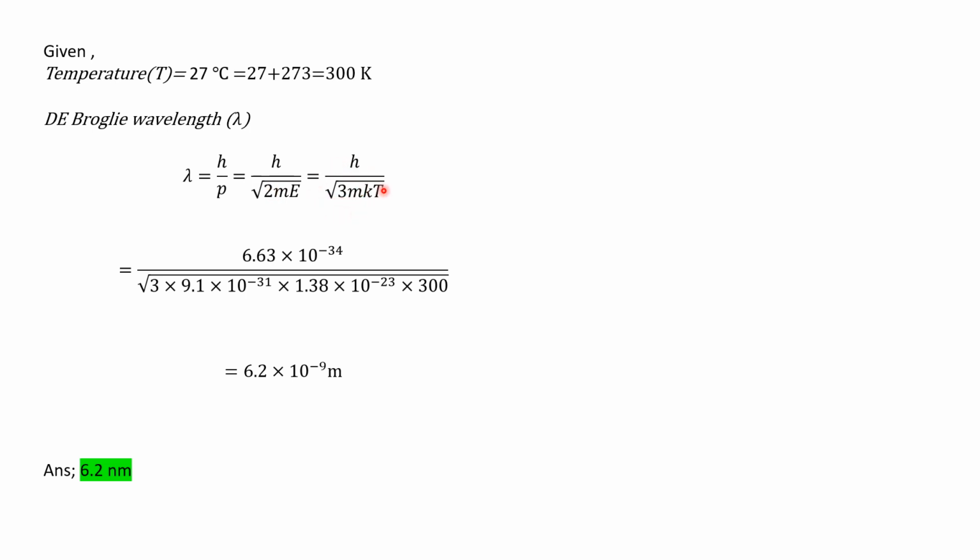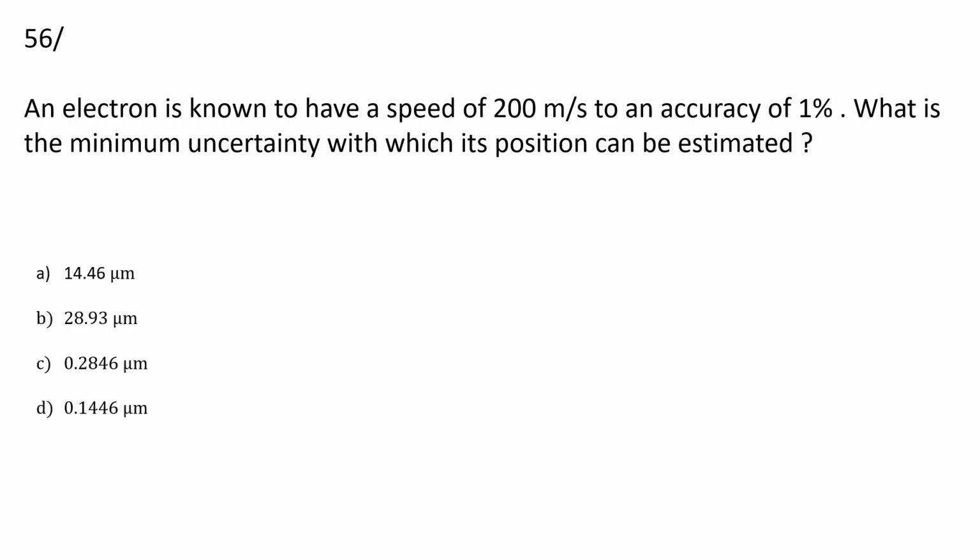So by putting all the values here, that is h is equal to 6.63 into 10 to the power minus 34, mass of electron is equal to 9.1 into 10 to the power minus 31, the k value, that is Boltzmann constant, is equal to 1.38 into 10 to the power minus 23, and the temperature is given as 300 Kelvin. Our final answer will be 6.2 into 10 to the power minus 9 meter, which is equal to 6.2 nanometer. So the answer is 6.2 nanometer.